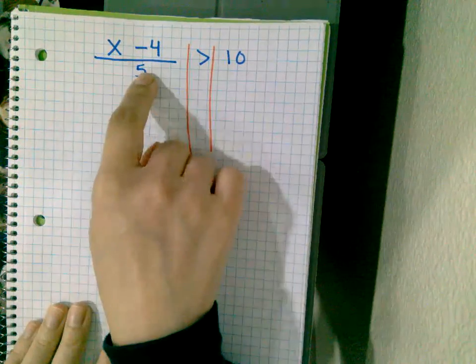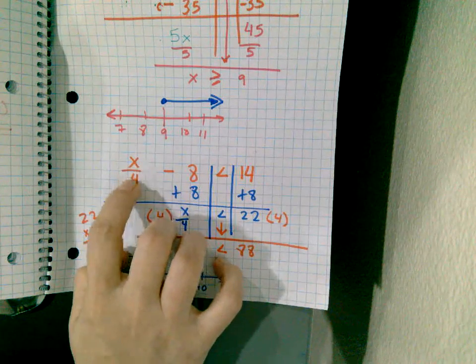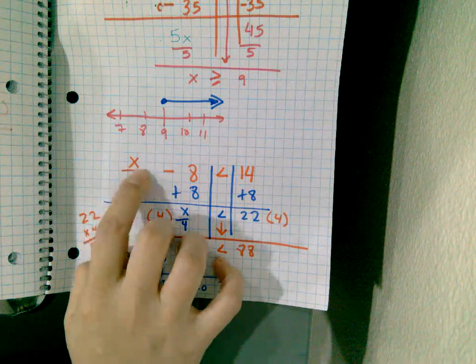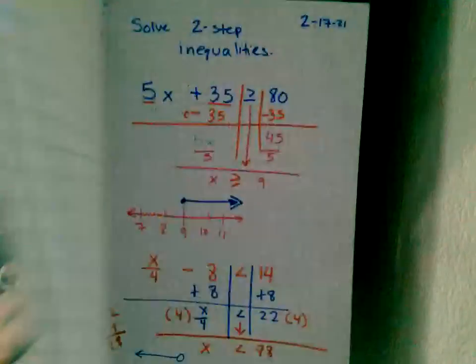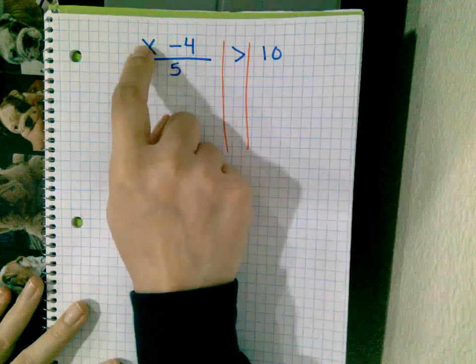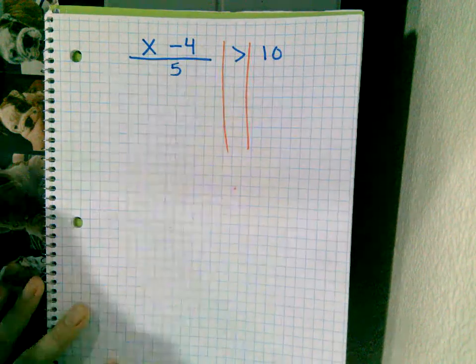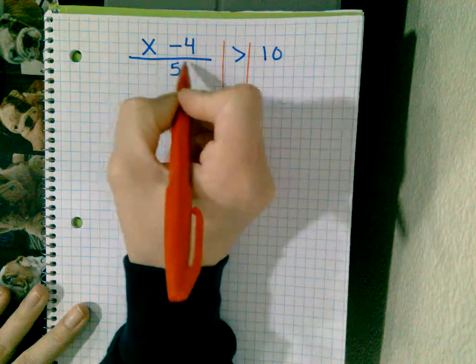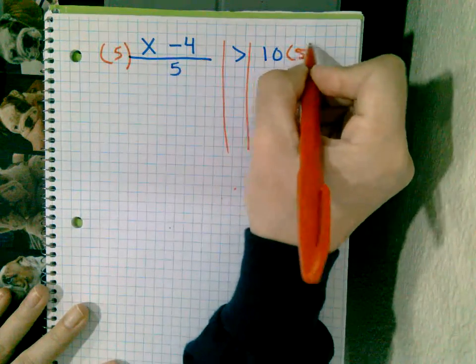So notice the difference between this problem and the problem we just did. Here, it was just the 4 that was being divided, right? Just divided by 4. This one, the 8 was by itself. No big deal. But here, this line extends to both the x and the minus 4. So when it looks like this, you're actually going to move this number first by multiplying by 5, multiplying by 5.